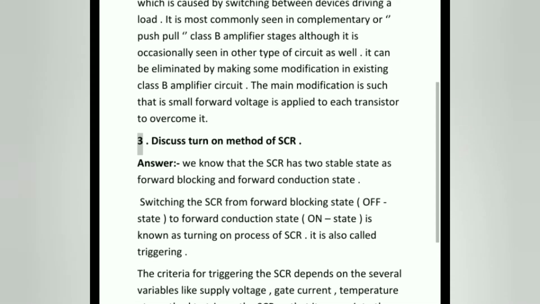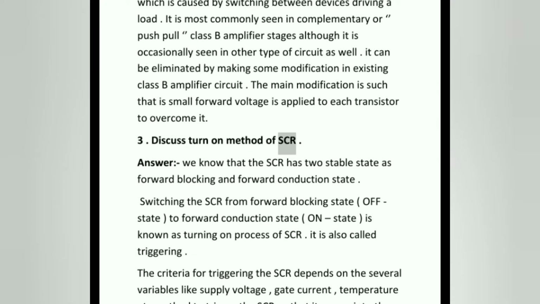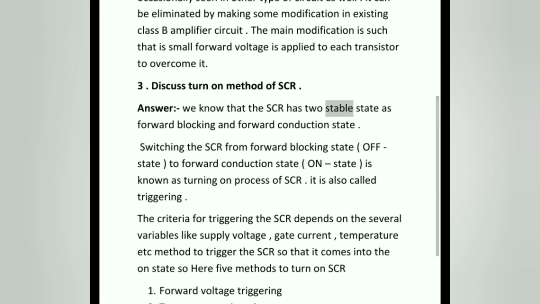3. Discuss turn-on method of SCR. Answer: We know that the SCR has two stable states, forward blocking and forward conduction state. Switching the SCR from the forward blocking state, OFF state, to the forward conduction state, ON state, is known as the turning on process of SCR. It is also called triggering.